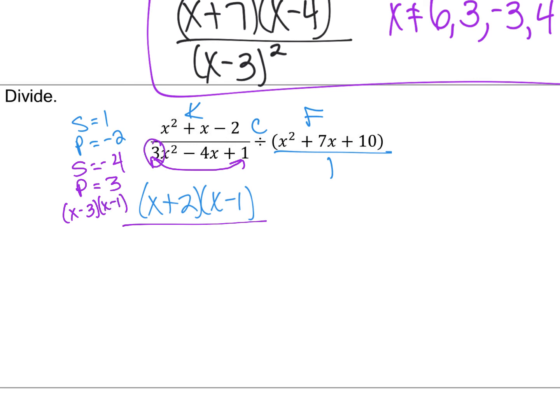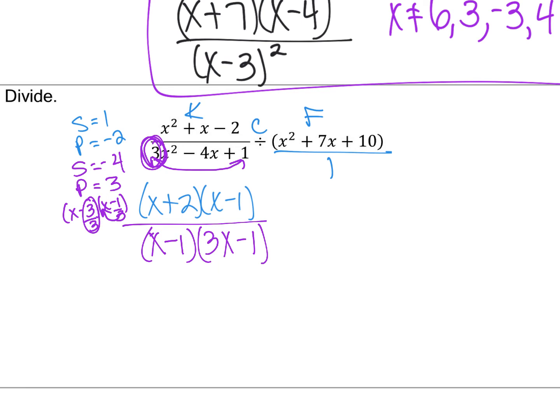But we have to use the swing method. So divide both of them by a 3. And then reduce if possible. So the first one will become x minus 1 because we can reduce. The second one we cannot, so swing the 3 in front and that becomes 3x minus 1. So don't forget to use the swing method when that number in front of x squared is something other than 1.